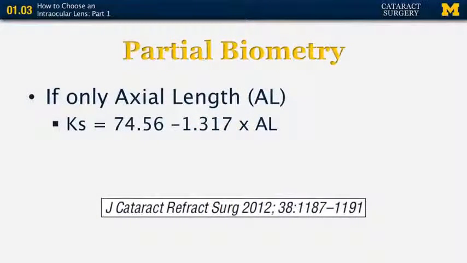They do humanitarian missions, and apparently they've run into the same problem because they published a paper that looked at this particular question, and they found that if you only have axial lengths, so you don't have a keratometer, you take this formula and you take 1.3 times the axial length and you add 75 to it, and you use that number instead of your K's. That works better than just guessing.